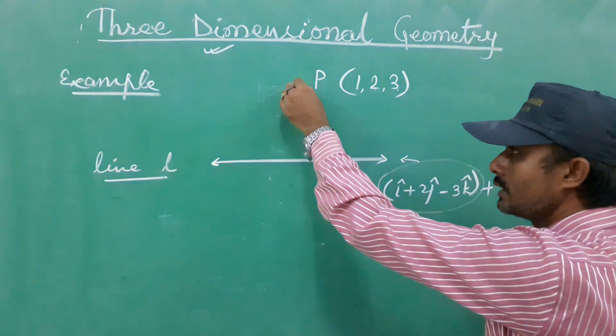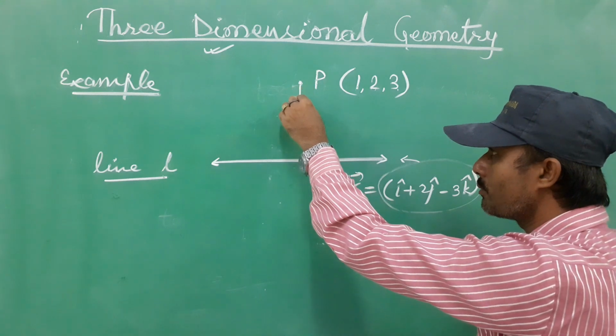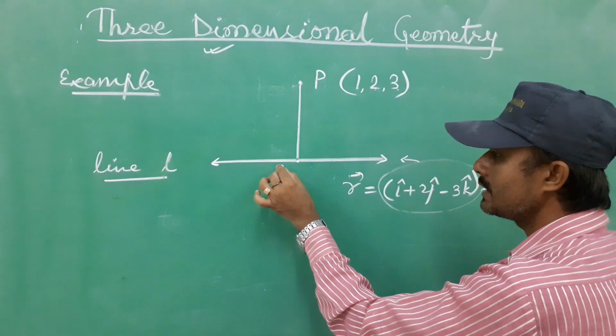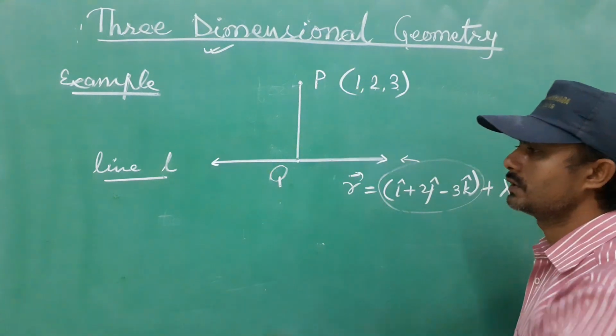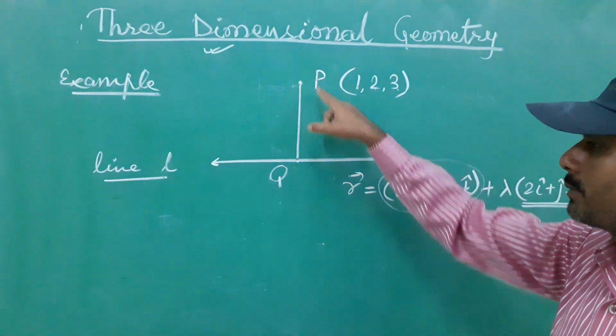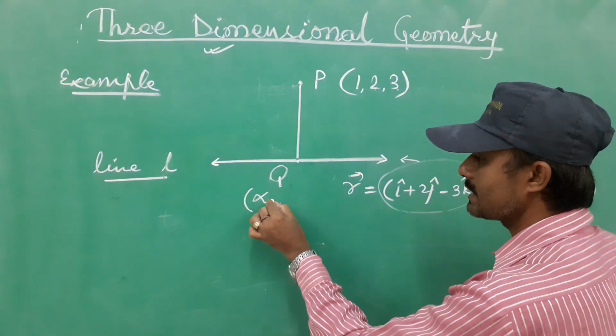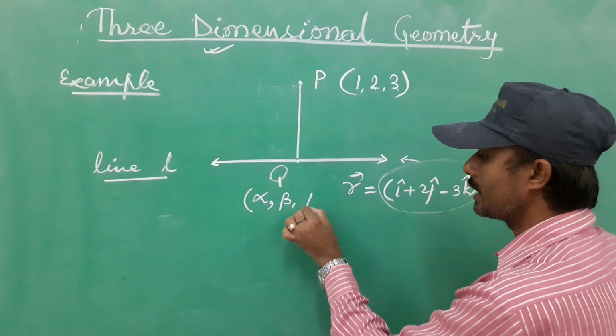Now look here, just draw a perpendicular from the point to the line and consider this point as Q. So this point Q is the foot of perpendicular. Here I am considering the coordinates of point Q as alpha, beta and gamma.